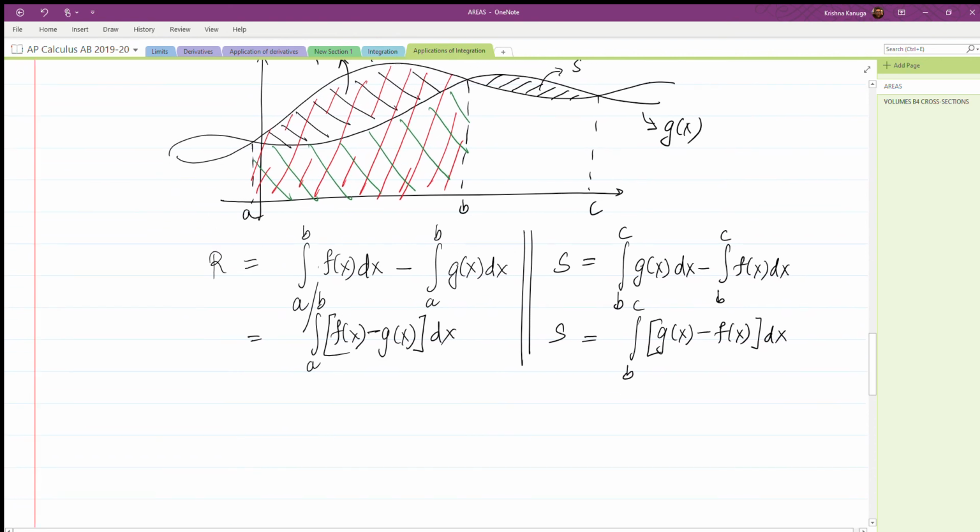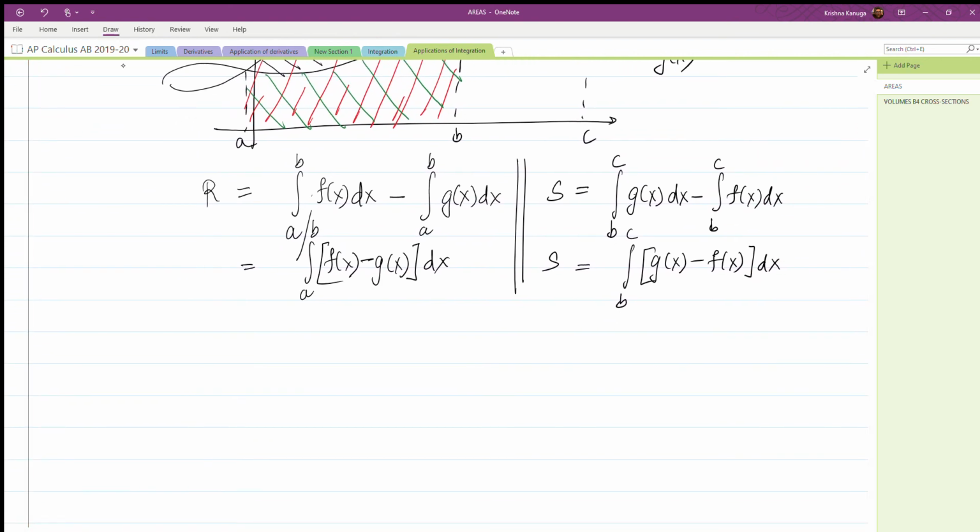Now, let's say you're told to find the area enclosed by the two curves within the interval, say A to C. Here we have to be careful how we set the problem up.